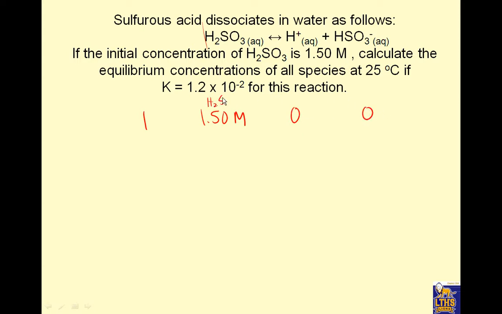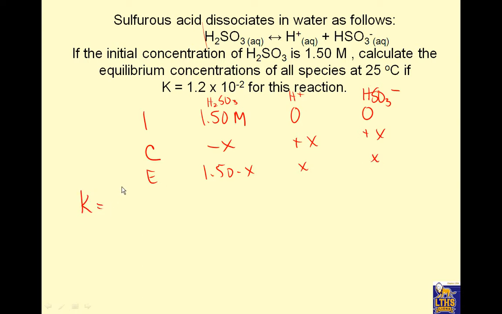So this is H2SO3, this is H plus, and this is HSO3 minus. The change is going to be losing some of that, and when you lose some of that, you're going to gain some of that and gain some of that. At equilibrium, you're going to have 1.50 minus the amount that dissociated, and you're going to have X of that and X of that.